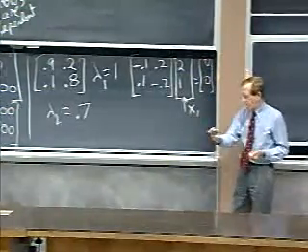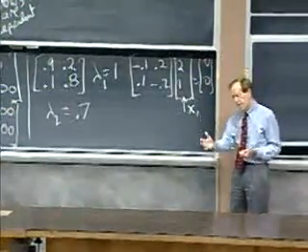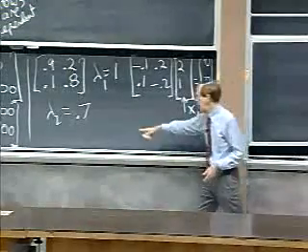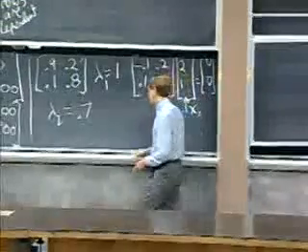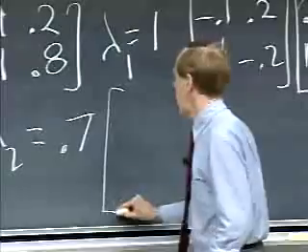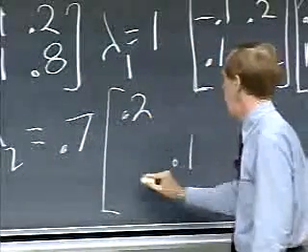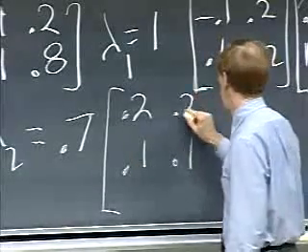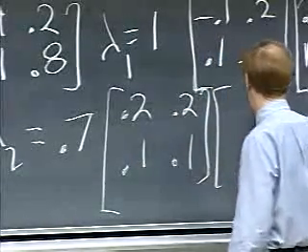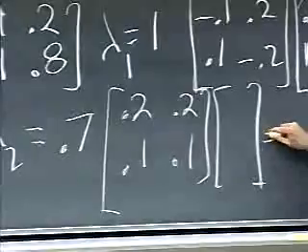But if I want to know what's happened after just a finite number like 100 steps, I better find this eigenvector. So I'll subtract 0.7 from the diagonal, and I'll get that. And I'll look at the null space of that one.